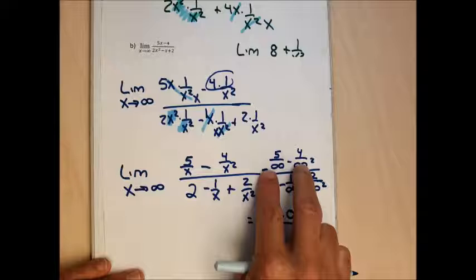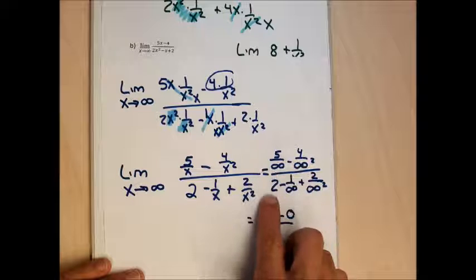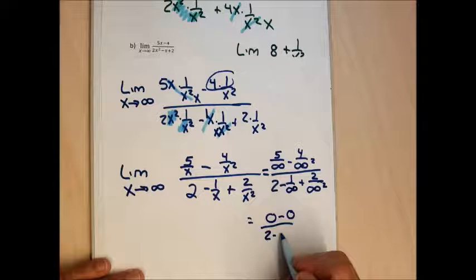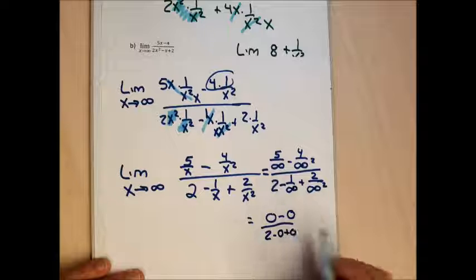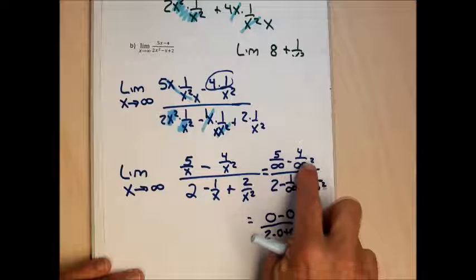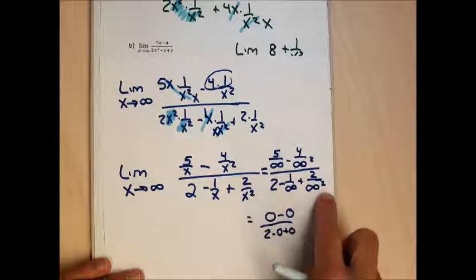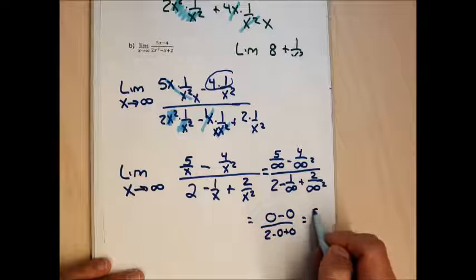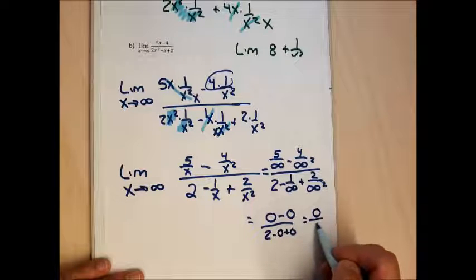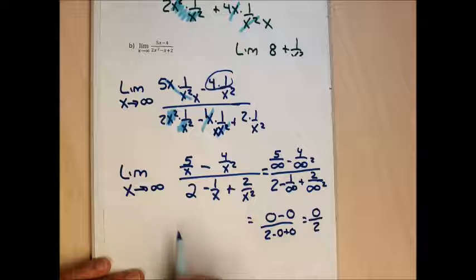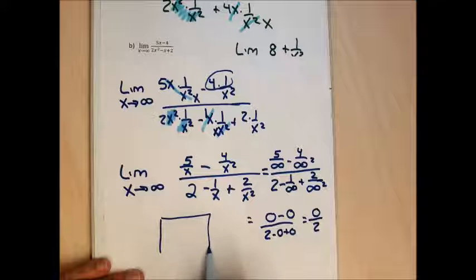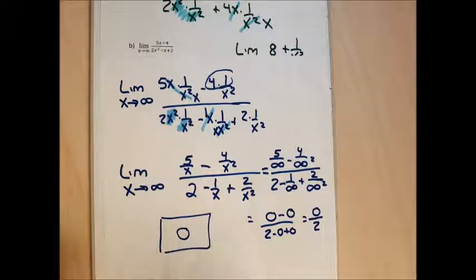So both fractions in the numerator are equal to 0, and the 2 fractions that are left in the denominator are equal to 0. So I can rewrite this as 0 minus 0 over 2 minus 0 plus 0. This simplifies to a fraction that has 0 in the numerator and 2 in the denominator, and any fraction with a 0 in the numerator is equal to 0. So the answer to part B is the limit's going to be 0.